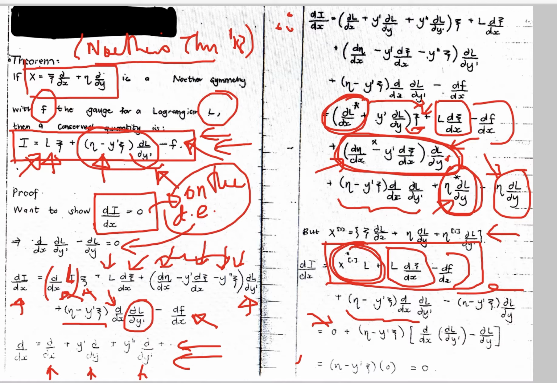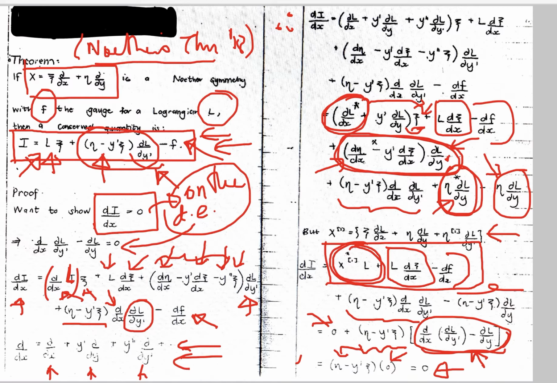The two terms that remain have a common factor of η minus y'ξ. But since we have an Euler-Lagrange equation, this is the Euler operator on L, and E on L is equal to 0. Hence that's 0 there. And when all this simplifies, dI/dx equals 0. Therefore, dI/dx equals 0 on this equation here.